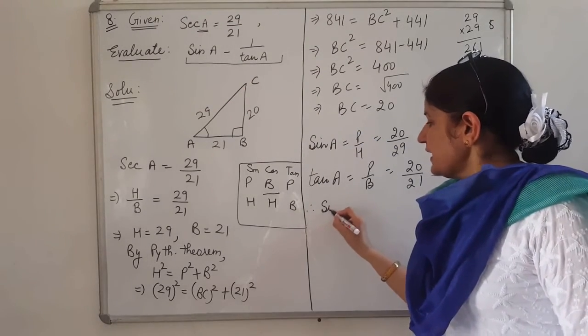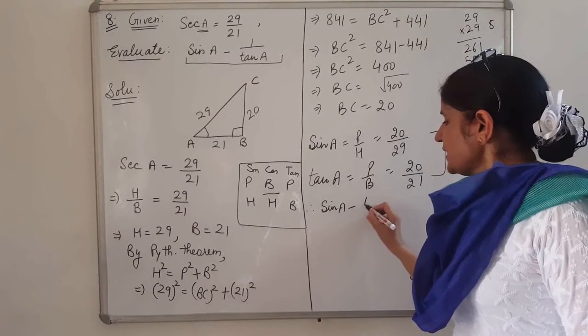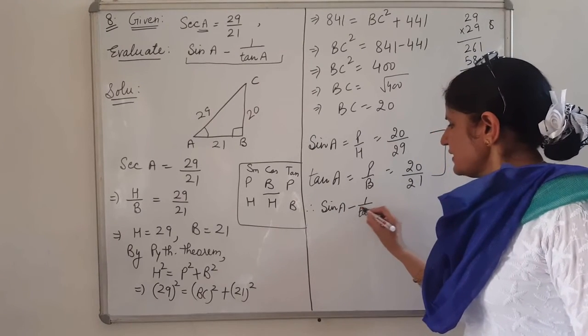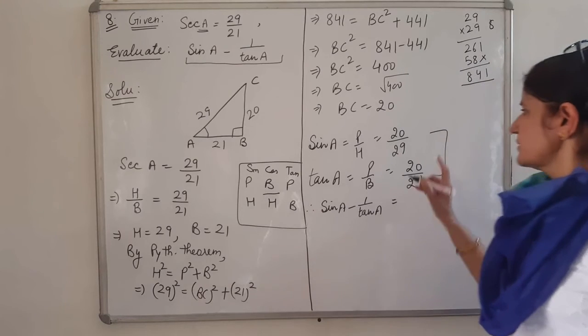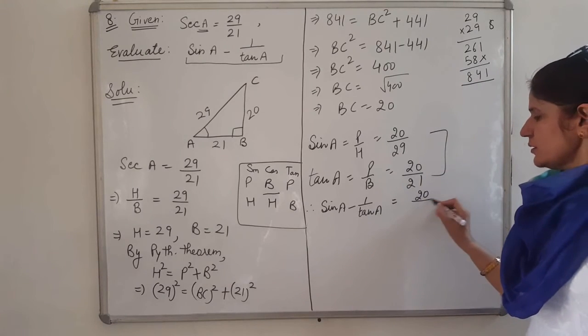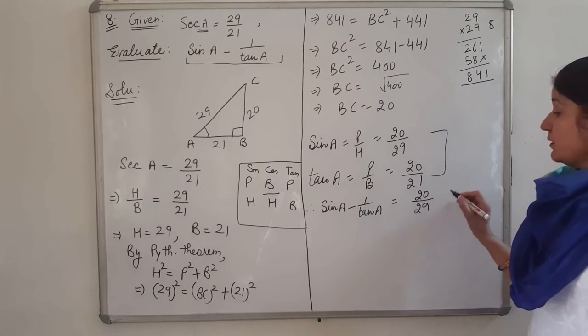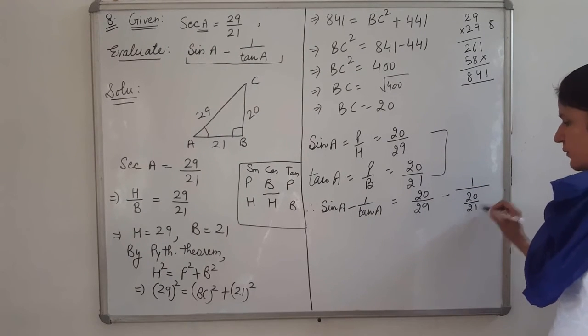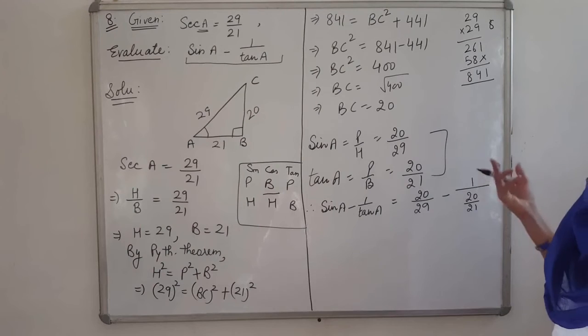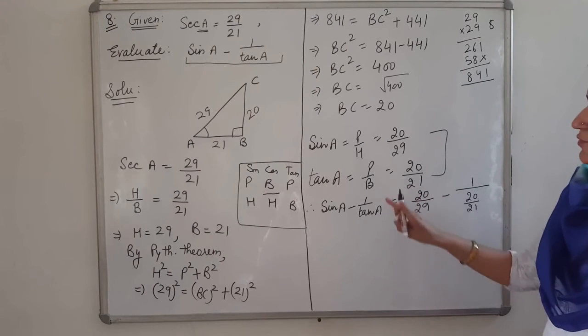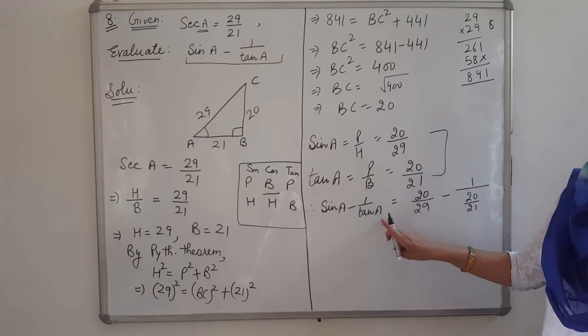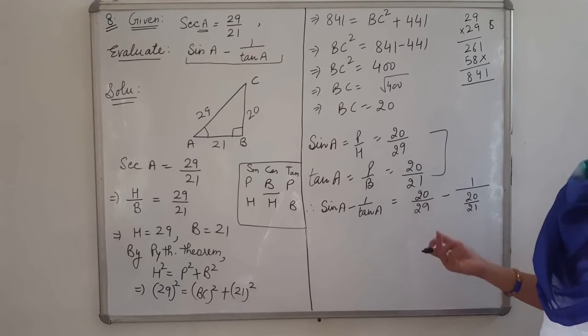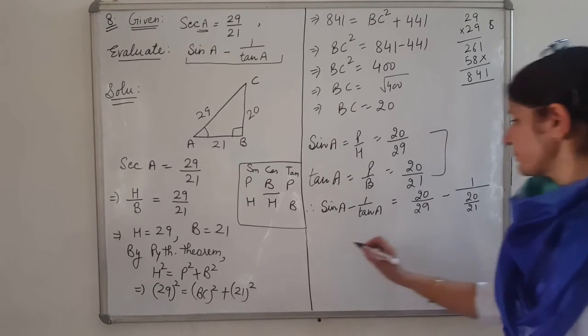Therefore sin A minus 1 upon tangent A equals 20 upon 29 minus 1 upon 20 upon 21. You have to take the reciprocal. Otherwise, in the starting also you can substitute; that is up to you.